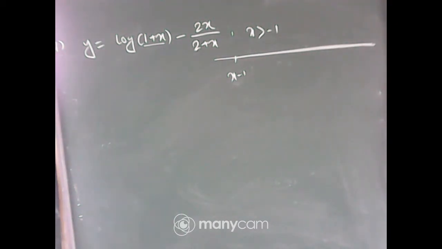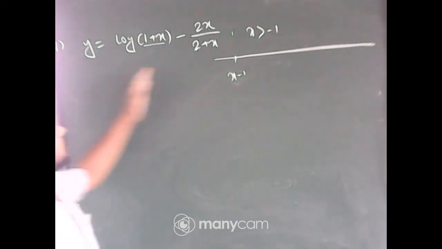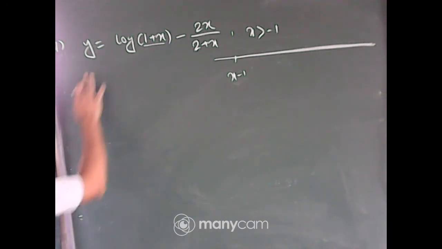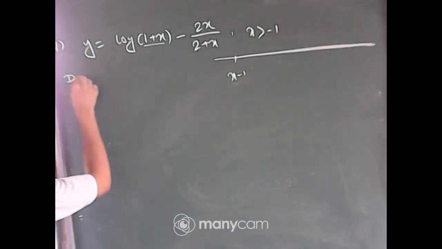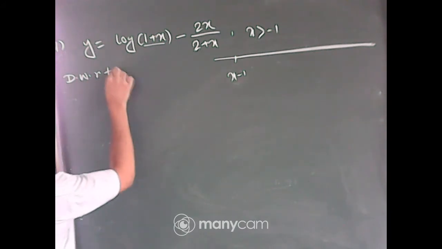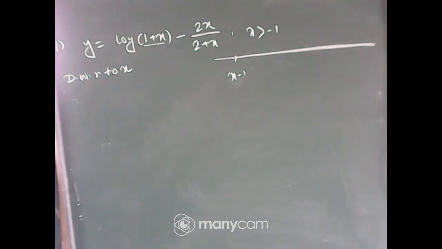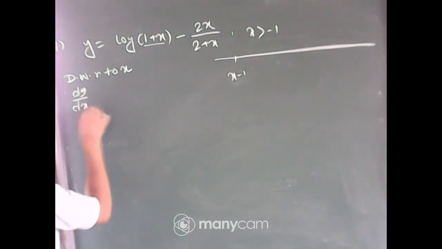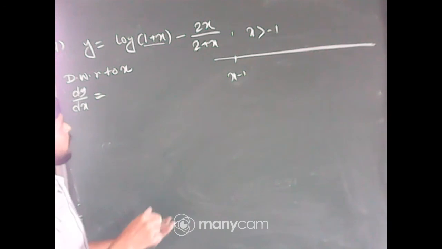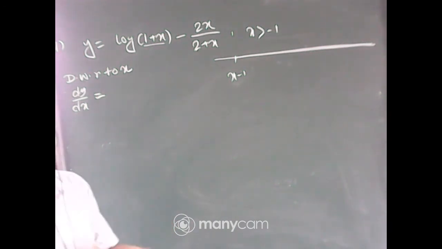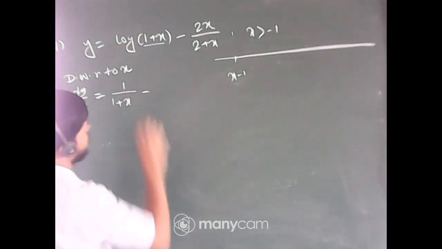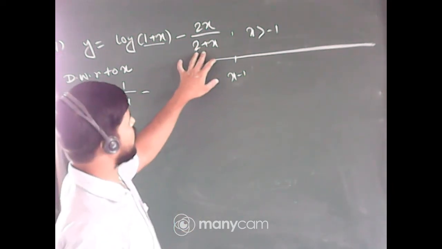Now we have to show that the function is strictly increasing on its domain. So do one thing, differentiate this function. Differentiating with respect to x, we have dy/dx equal to, now the derivative of log x, we know, is 1 by x, so here it will be 1 by (1 plus x) minus the derivative of 2x by (2 plus x).